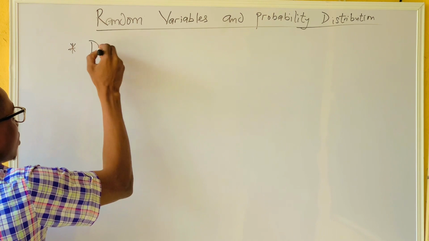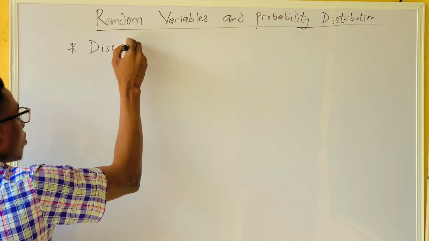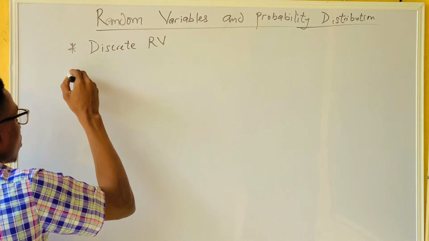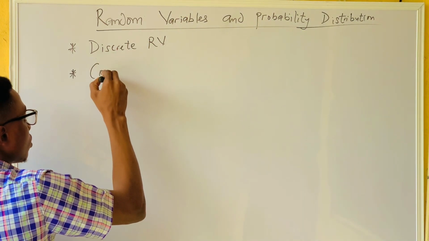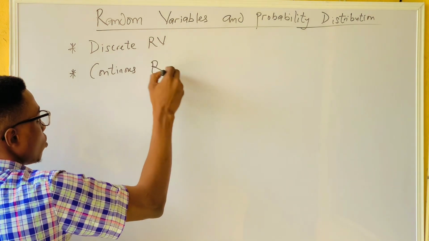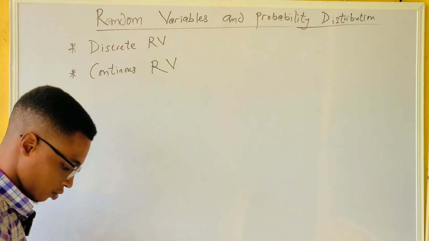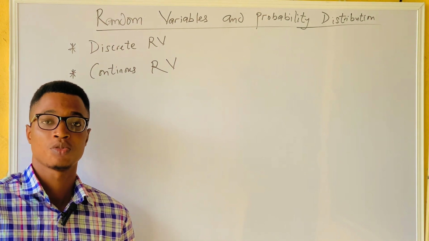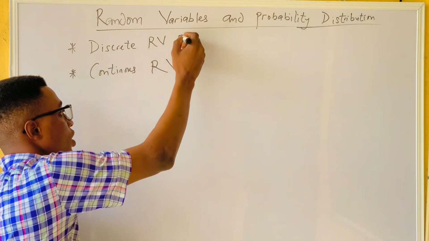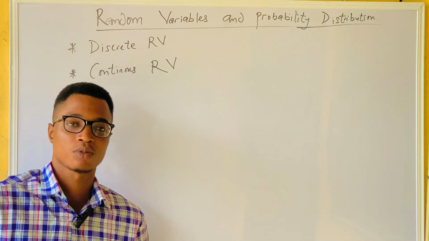We have discrete random variable. We have continuous random variable. In today's video, we will be talking about discrete random variables.